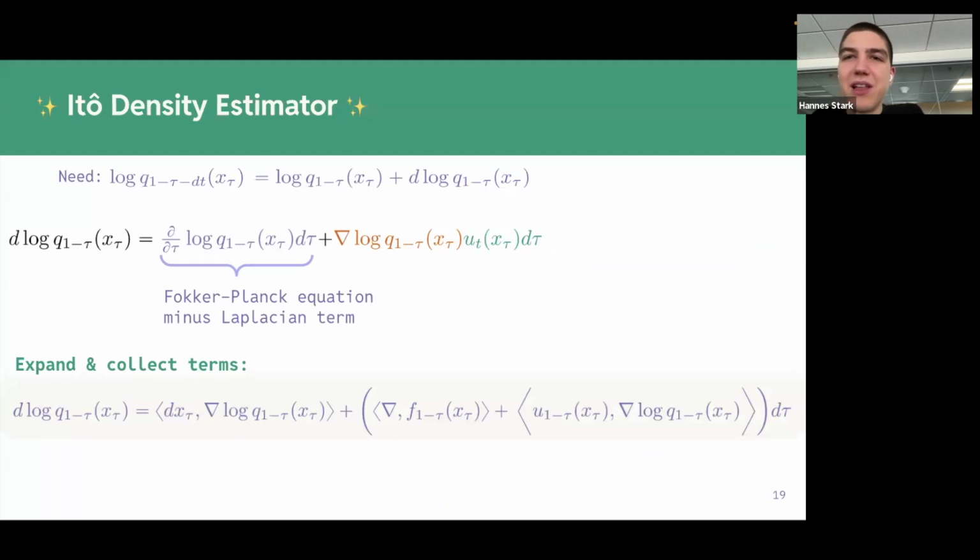And then you write out d log q1 minus tau of x tau is a Fokker-Planck equation minus Laplacian term. Yeah, I just removed the Laplacian term at the end, so it's essentially the shortcut from the previous slide, where the two Laplacian terms cancel out.